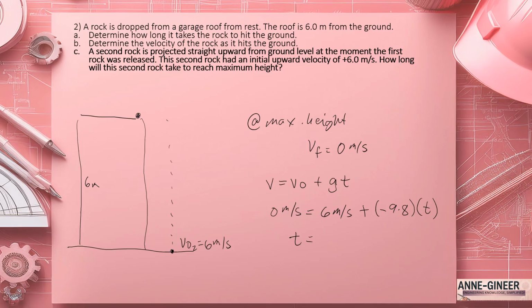So the time is negative 6 meters per second over negative 9.8 meters per second squared. So the answer should be 0.61 seconds.